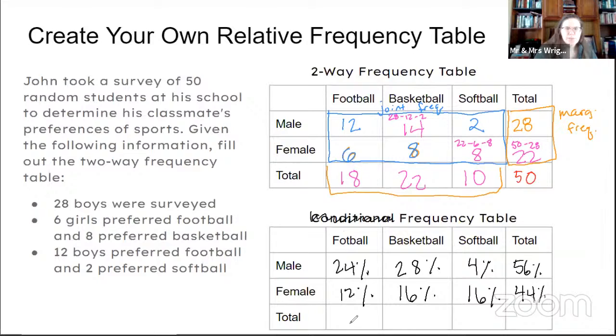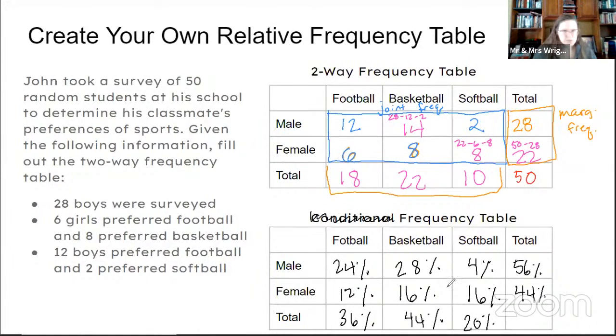And then my football marginal frequency is going to be 18 divided by 50, which is 36%. I'm going to check that by adding 24 plus 12 is 36. So that's correct. 22 divided by 50 is going to give me my basketball relative frequency, which is 44%. And then 10 divided by 50 is going to give me my softball relative frequency, which is 20%.